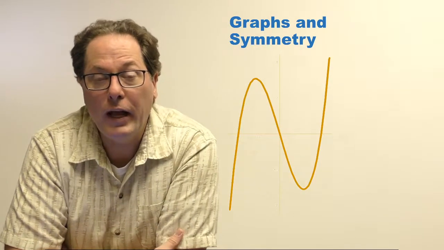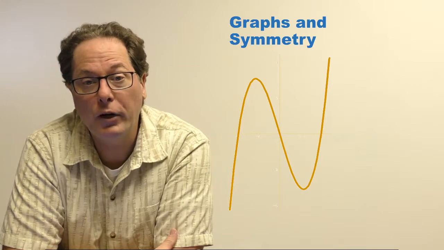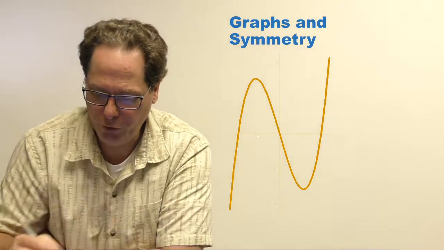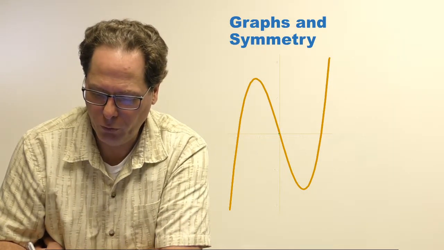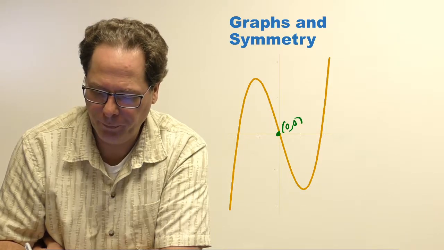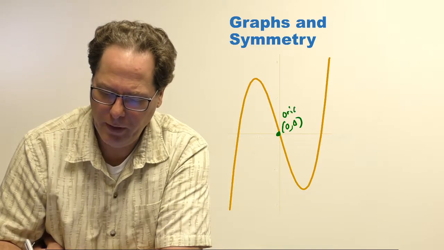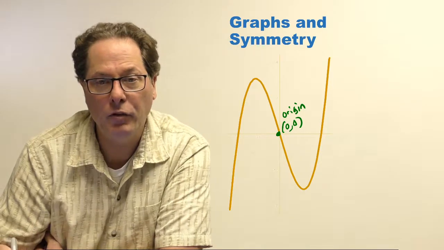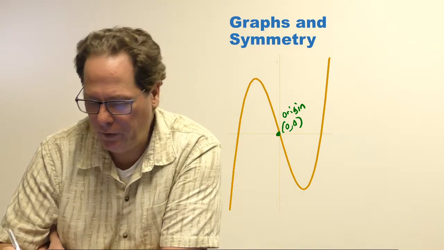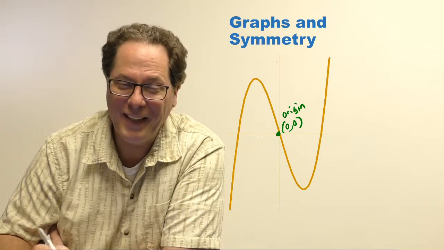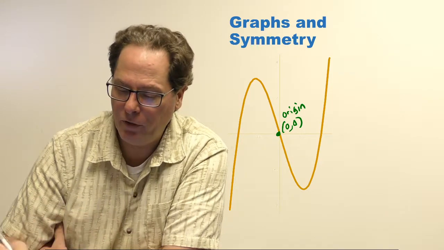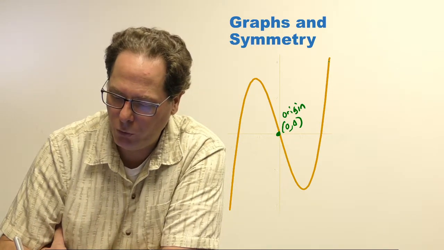Let's move to our last type of symmetry. This is called symmetry about the origin. Now the origin is right here. The origin is (0, 0). And what we mean by symmetry about the origin is the mirror point is actually on the opposite side across the origin.